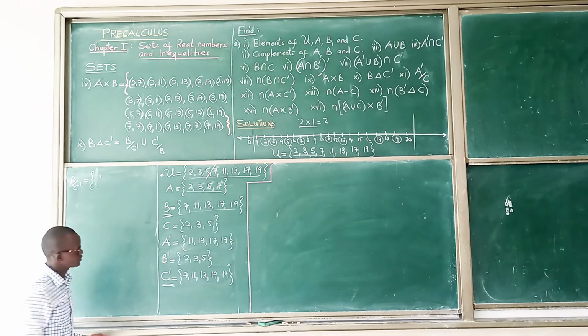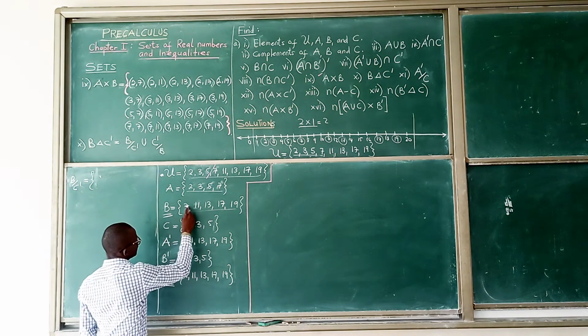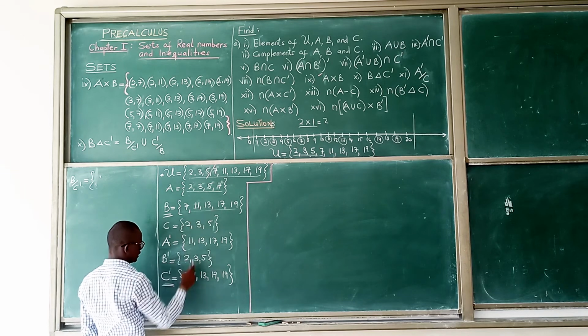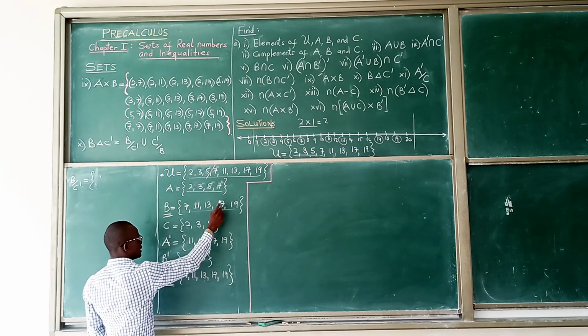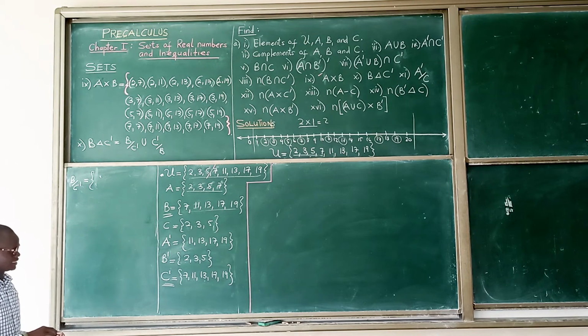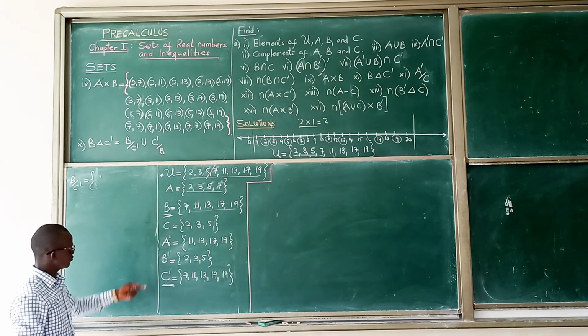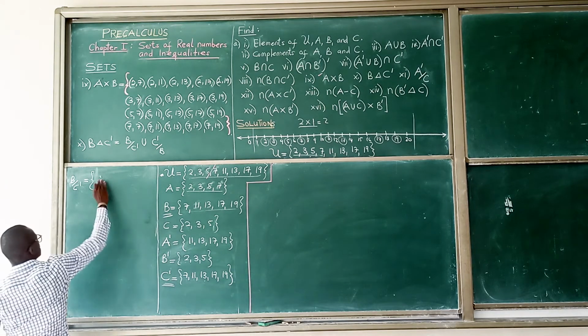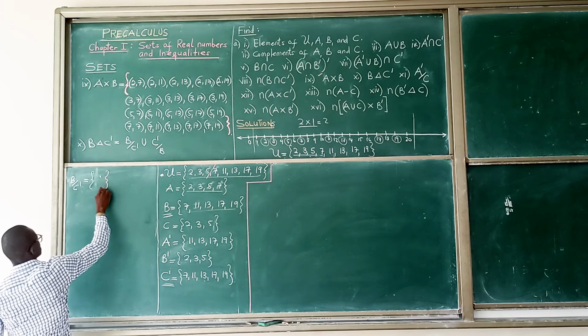That makes a difference. So we look in set B, we have 7. We got 7 here. 11, 11 here. 13, 13. 17, 17, 19, and 19. So there is no element that is different from B in C prime. So it is just an empty set.